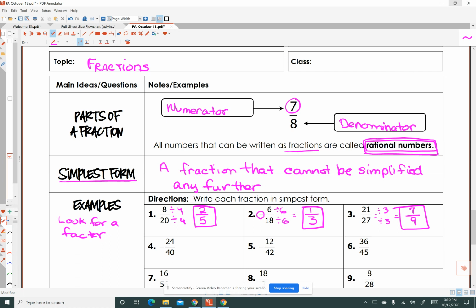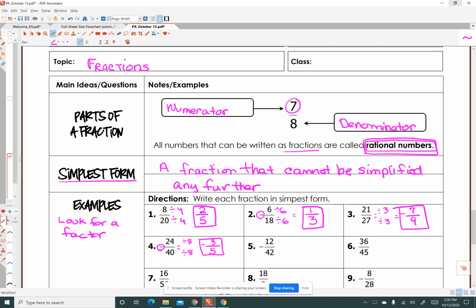Let's take a look at negative 24/40. Don't forget our negative sign. We've got a negative sign here. So we can divide the numerator and denominator by 8, which will give us 3/5, negative 3/5.